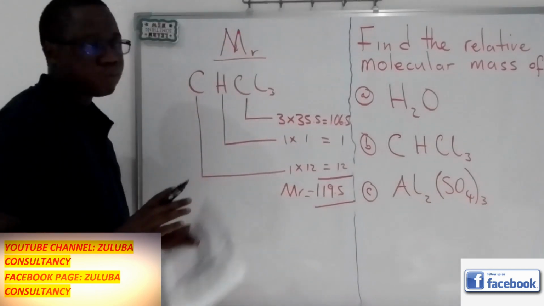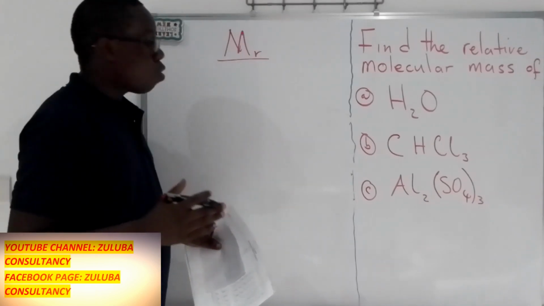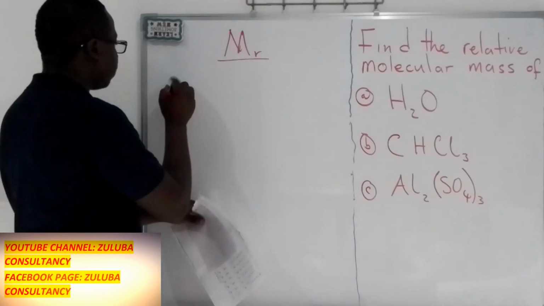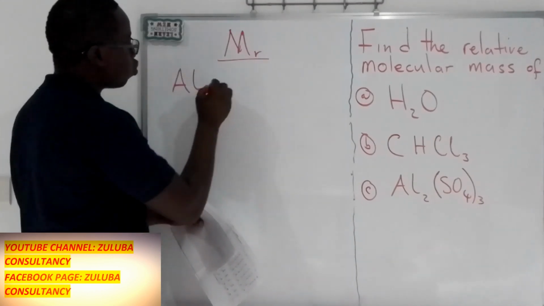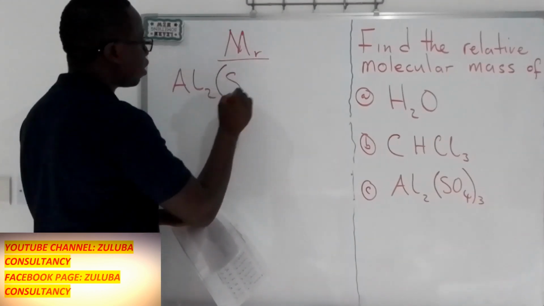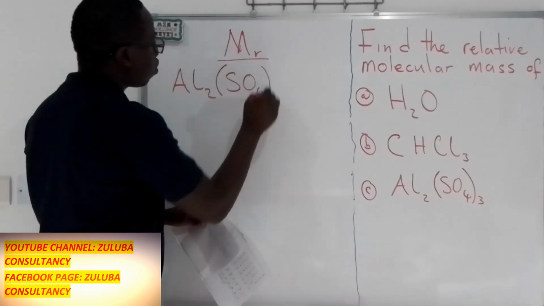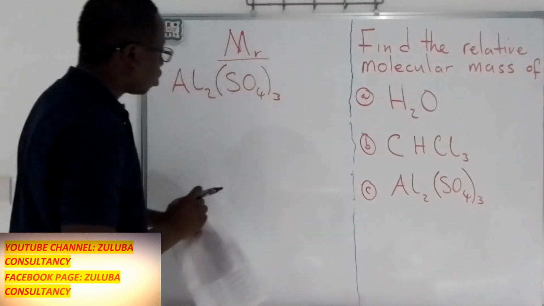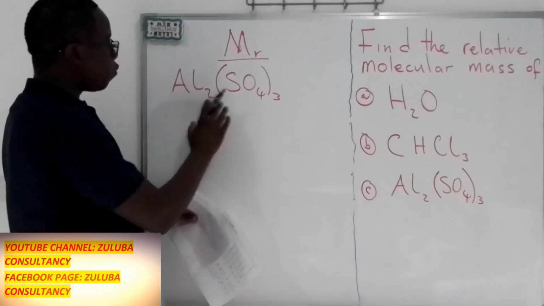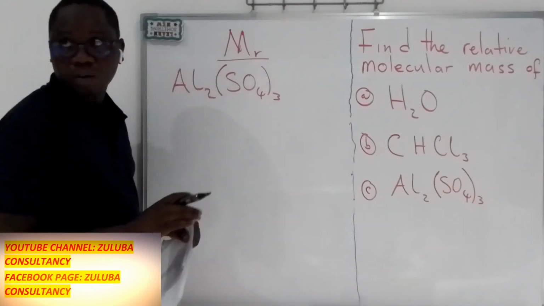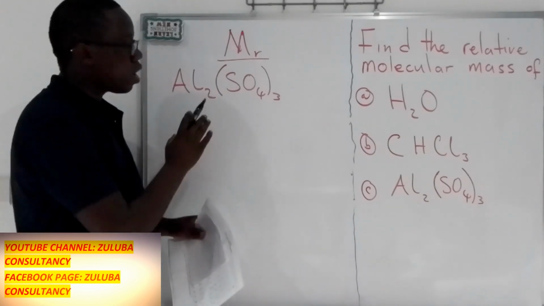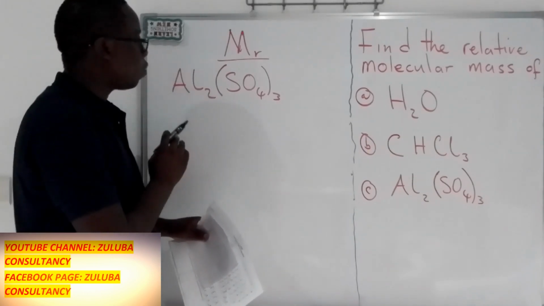of this molecule. The third example, we want to find the relative molecular mass of Al2(SO4)3. It has 2 aluminium, then open bracket, SO4, close bracket, 3. So we have 3 types of atoms there: aluminium, sulfur, and oxygen. Now, how do we find the relative molecular mass of this?